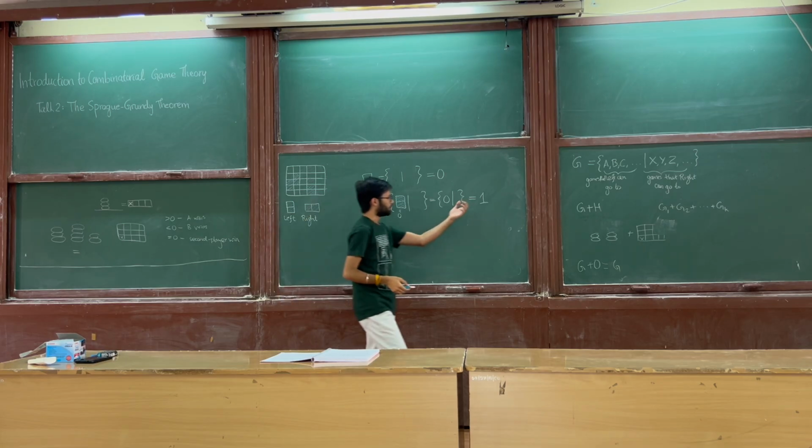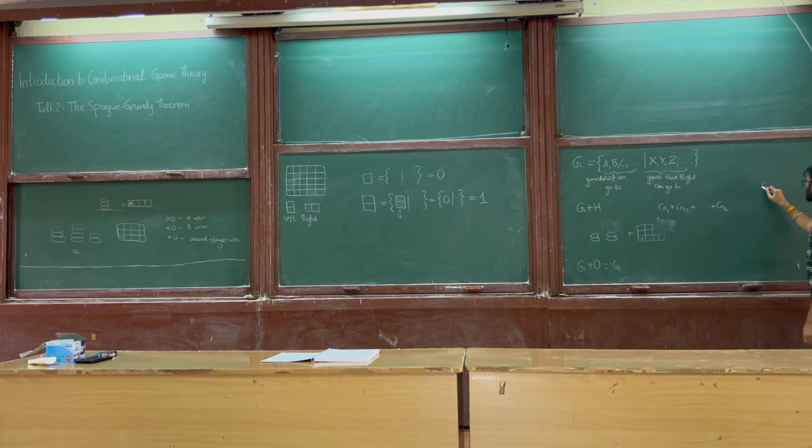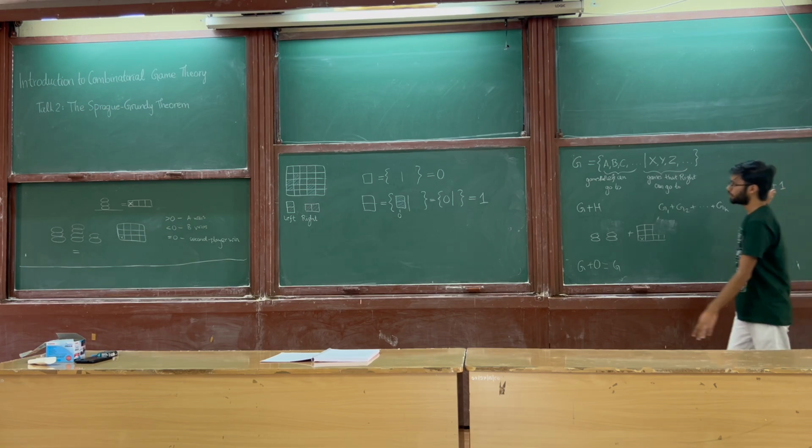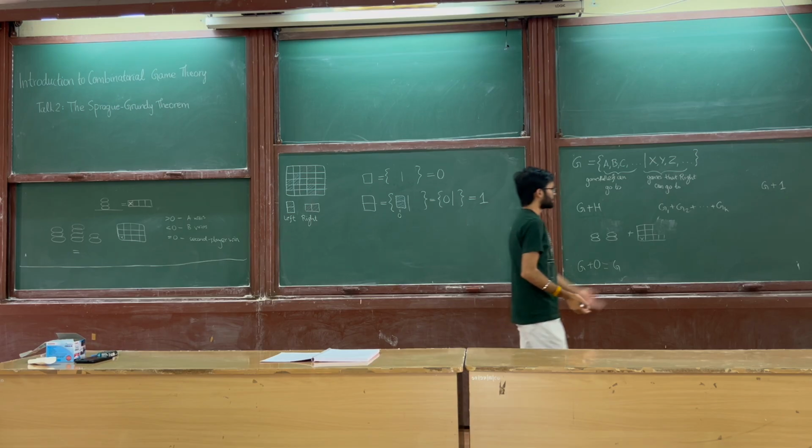And again, let me motivate why I am calling it 1. Let's say I have some game g and I consider g plus 1. How does playing on this look? Well, right cannot make a move on 1 ever, but left can. And so essentially left and right continue to play g unless left at some point decides to play in 1. And whenever left decides to play in 1, left goes to 0, and so that just vanishes.